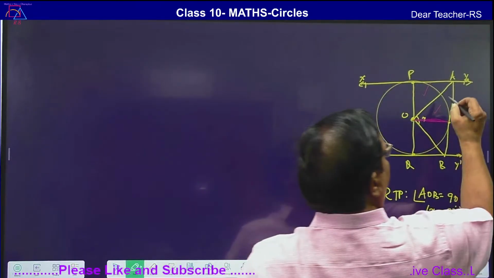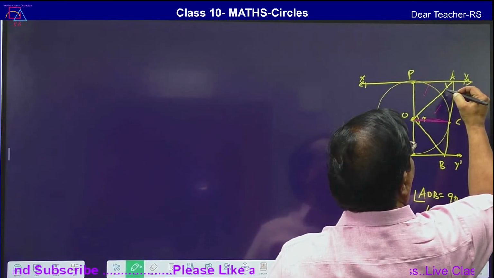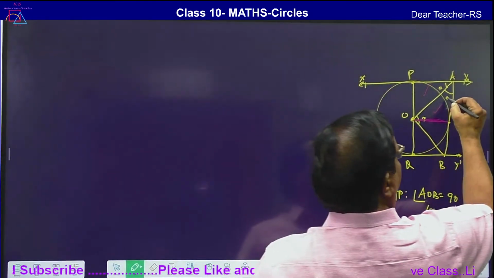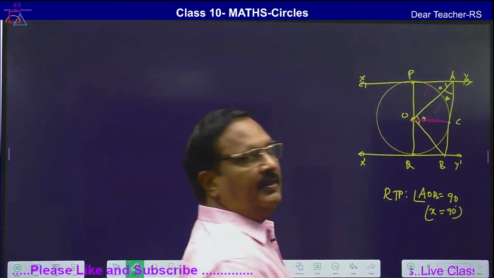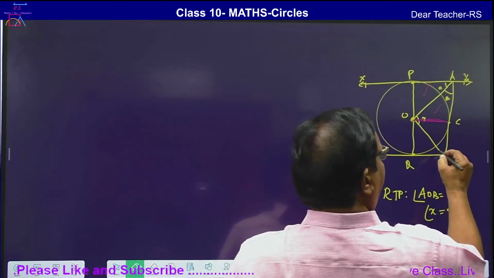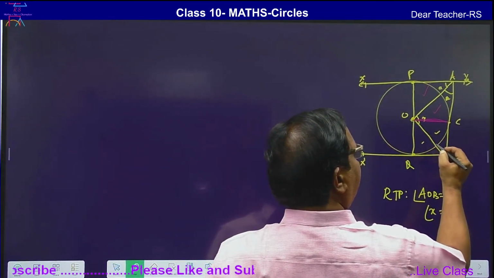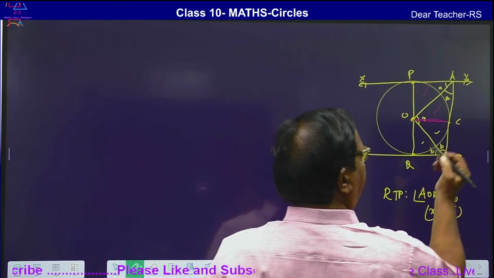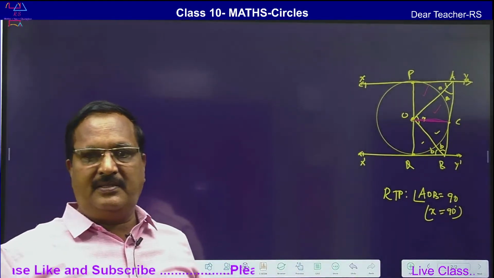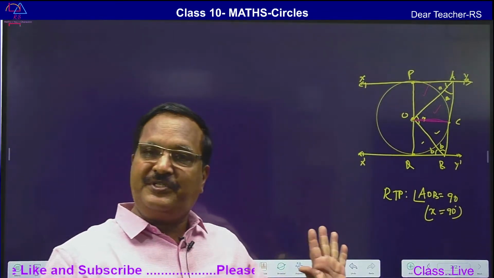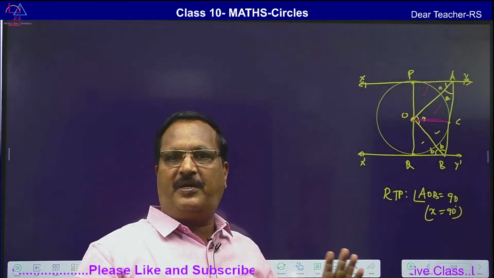So I'll write here these two angles are equal, A and A, by CPCT. In the same way, these two triangles are also congruent. These two angles are also equal. This is B and B. I am making it simple, right?